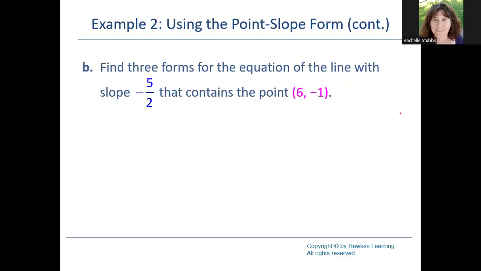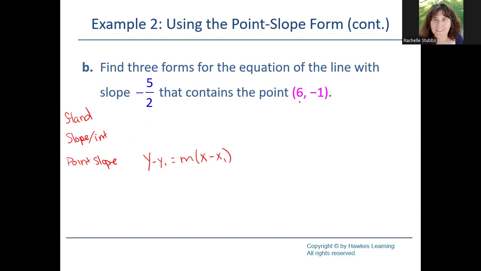So now it says find 3 forms of the equation of the line with slope. So we have standard. That'll be the last one we find. Slope intercept. That'll be the second one. And the first one we're going to find is point slope. So we're going to plug this into the point slope form, which is y minus y1 is equal to m times x minus x1.